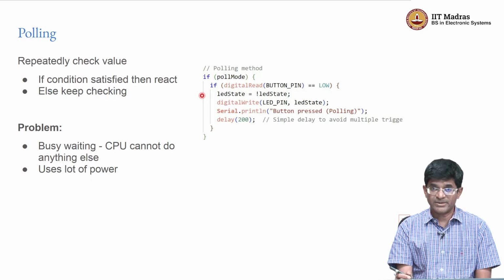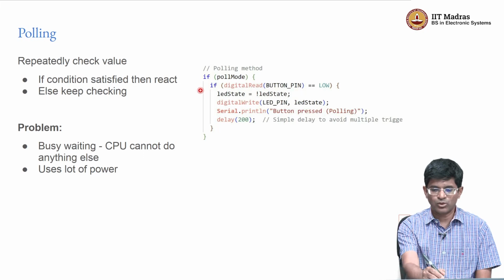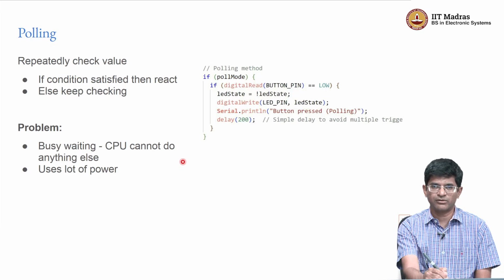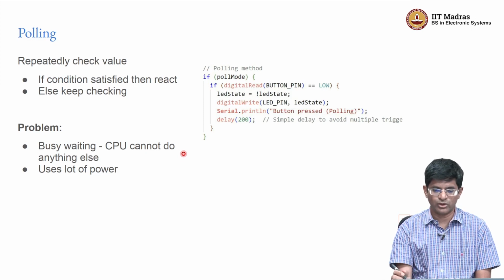Which basically means that there is a lot of activity as far as the CPU is concerned, and especially if I want quick reactions to my event happening, then the CPU probably has to be running fairly fast, which in turn means that it is most likely going to be consuming a fair amount of power. So, polling, while simple to implement, may be problematic from the point of view of power consumption. This is something that we will look at a little bit more as we move forward, but intuitively at least you can hopefully see why that is the case.